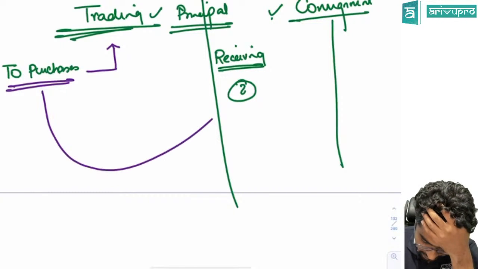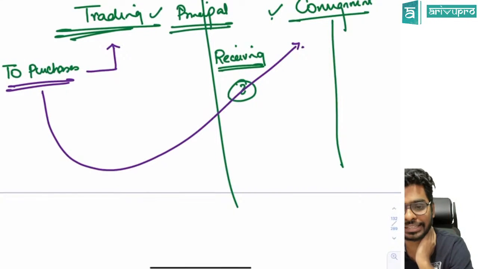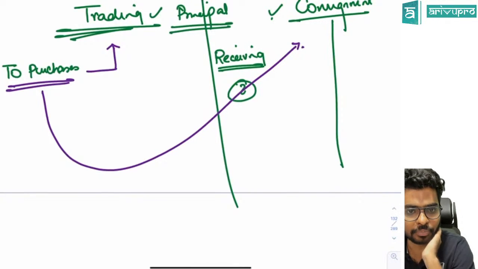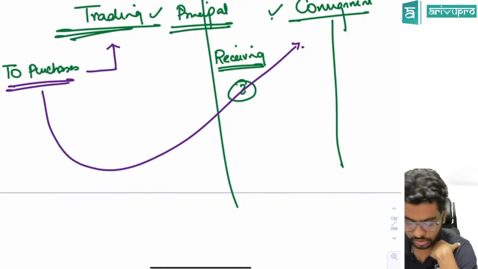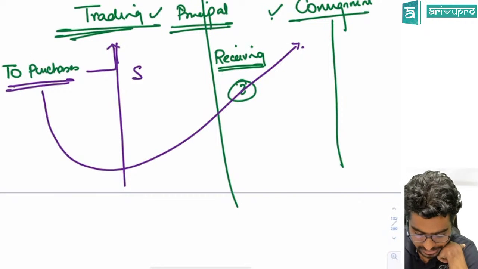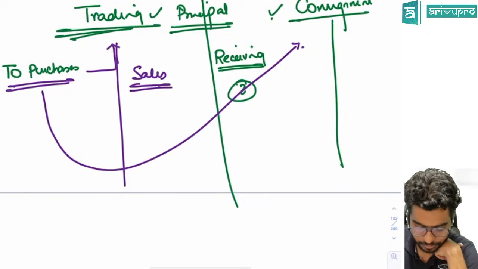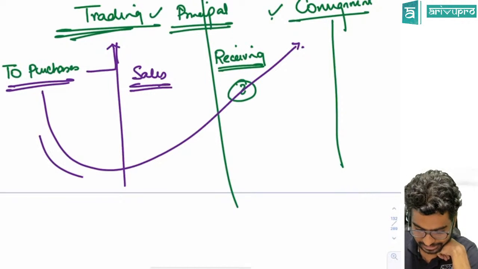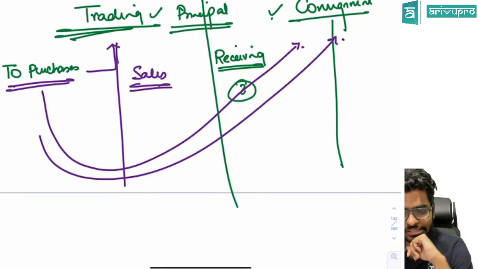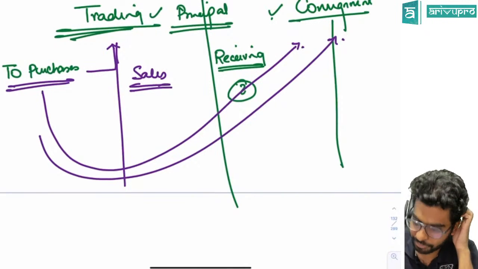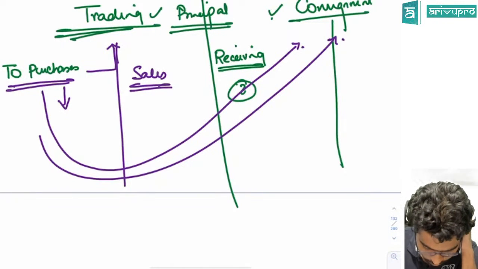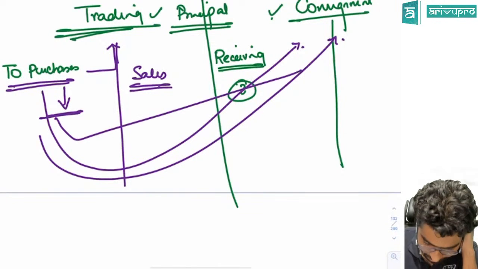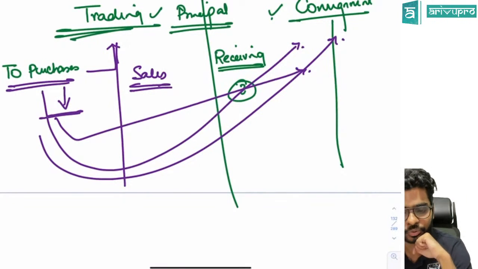From these purchases, I'm going to give it to the consignment for the purpose of another person to make a sale. If I would have made the sale, it would have come on my sales account. But I am not making a sale. Somebody else, that is the consignee, is going to be making my sale. So my goods are going to be reduced from purchases and transferred to the consignment account. Are you clear?